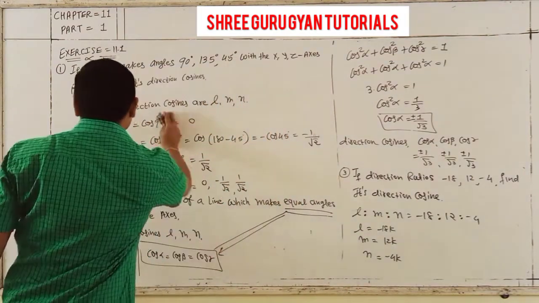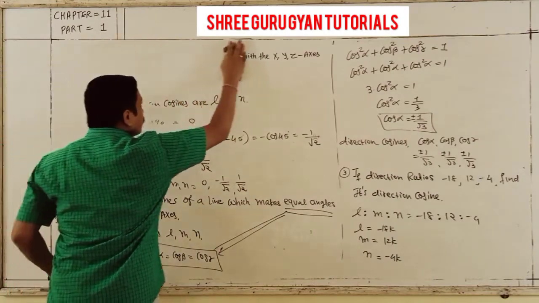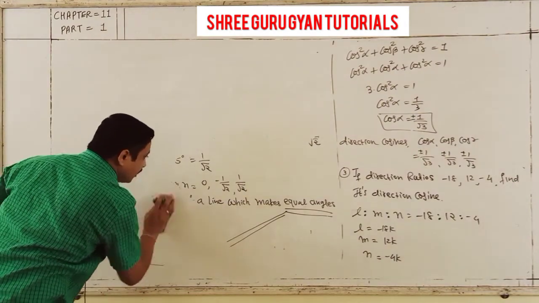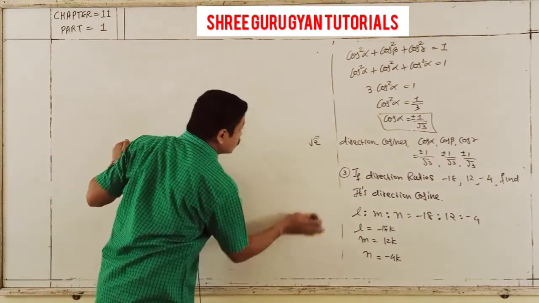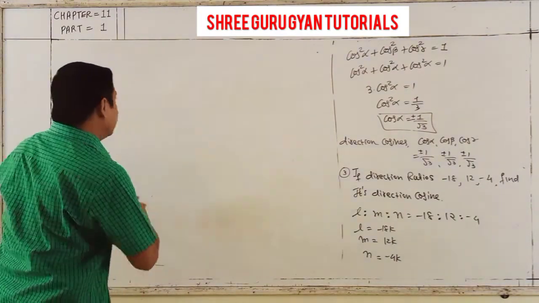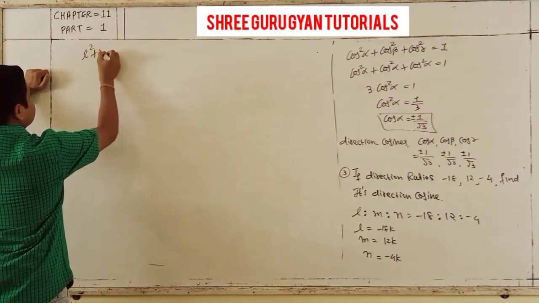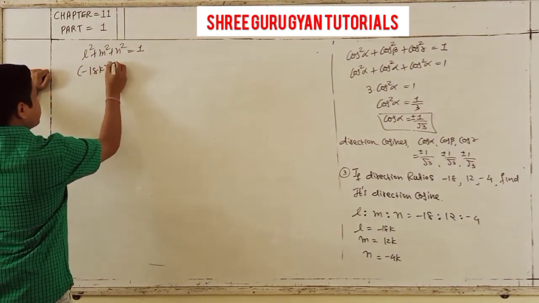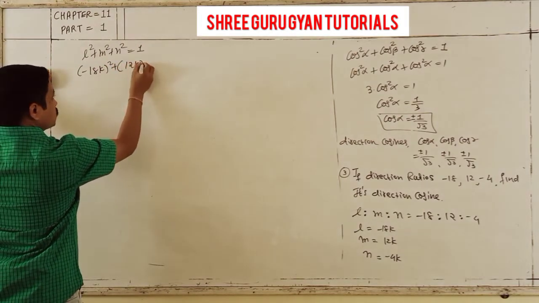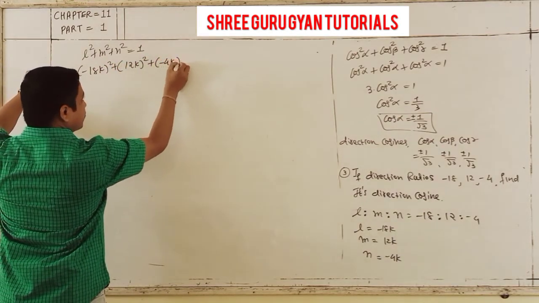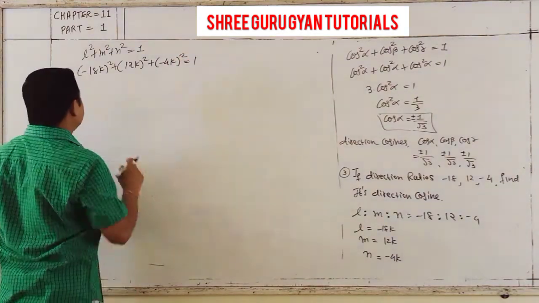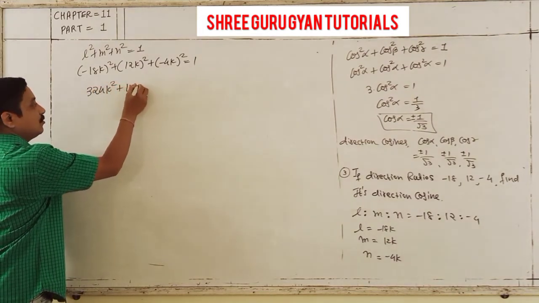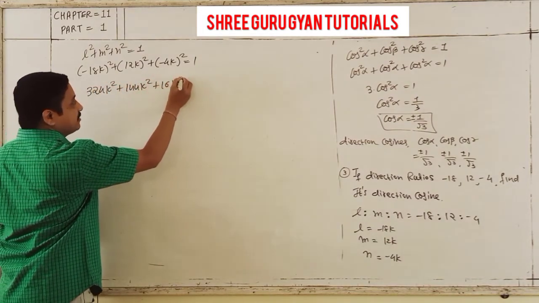You know that according to our properties. And then we easily derive the value of k. So apply L square plus M square plus N square, that is minus 18k, 12k and minus 4k, and do the expansion. 18 square is 324, 12 square is 144 and 4 square is 16, and they are added.